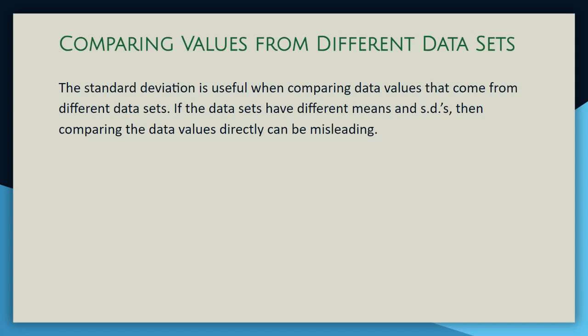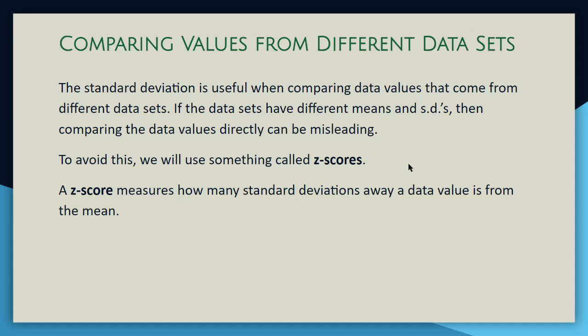Those direct comparisons are not going to give us an accurate picture of what's happening. To avoid this, we use something called z-scores or standard scores. A z-score counts how many standard deviations a data value is away from the mean. That was a lot of words there.